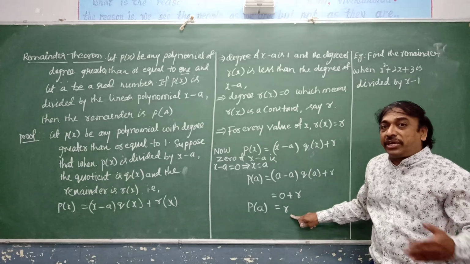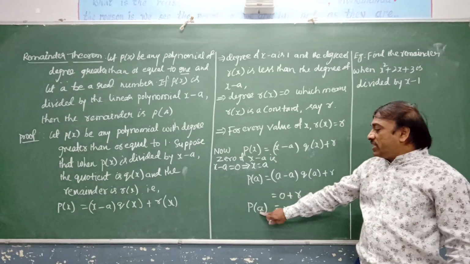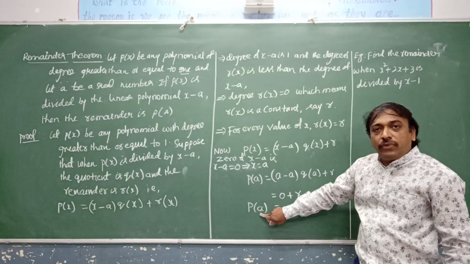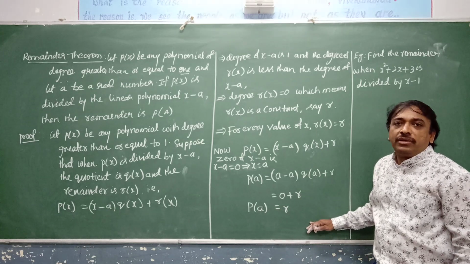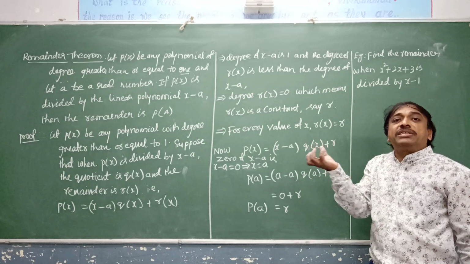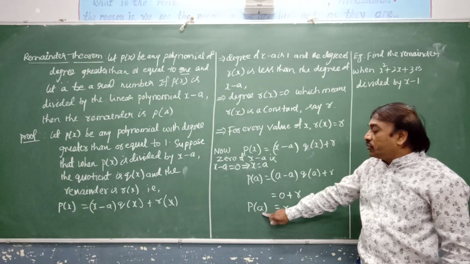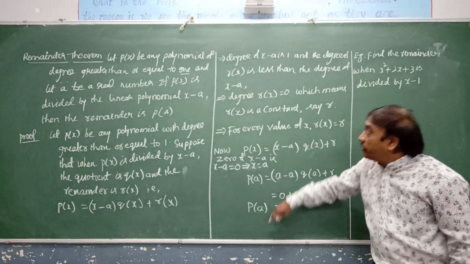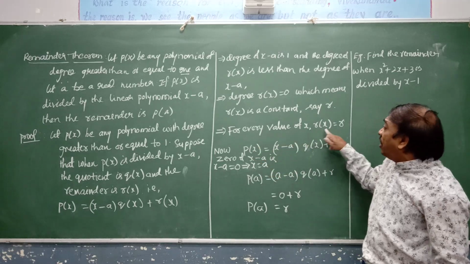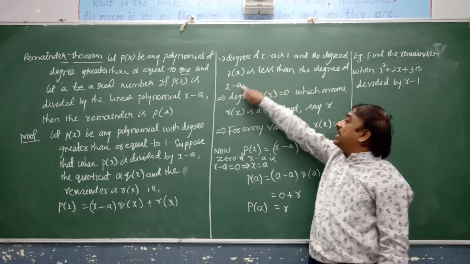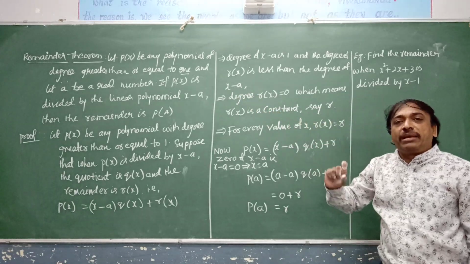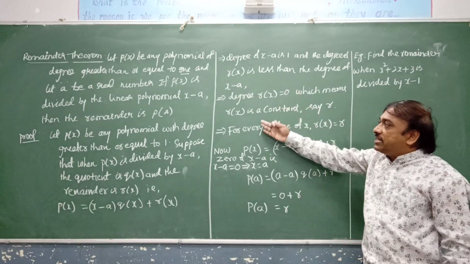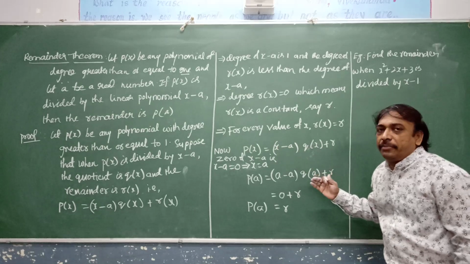That is what we substituted in the previous question, where we got the remainder 0. Sometimes it may be 0 or sometimes it may be a number. Why are we substituting a? We are finding the zero of the divisor and substituting that value in place of x. This is the remainder theorem.